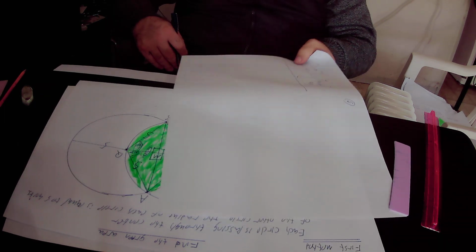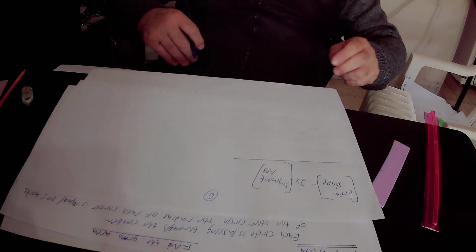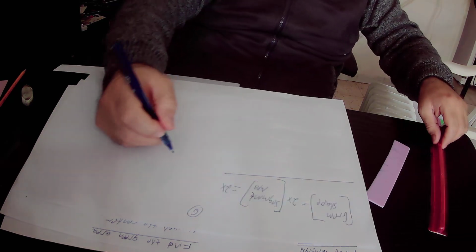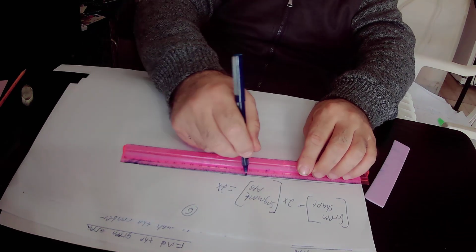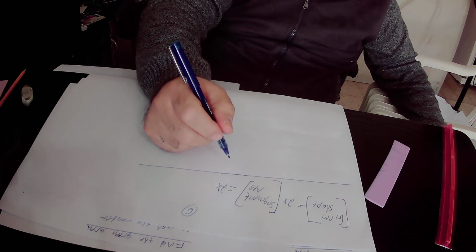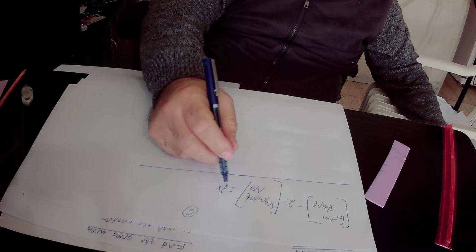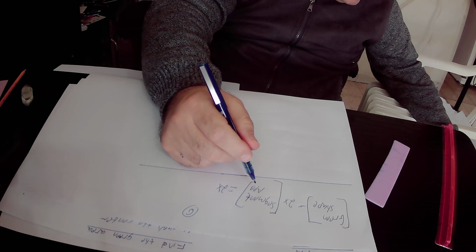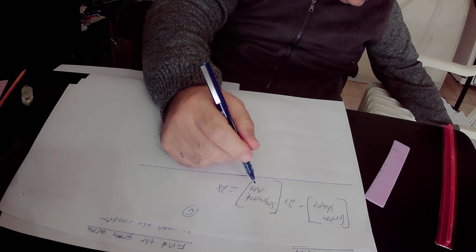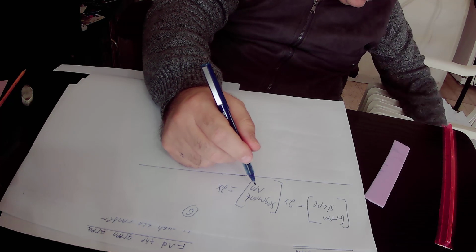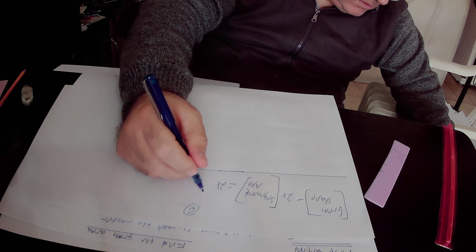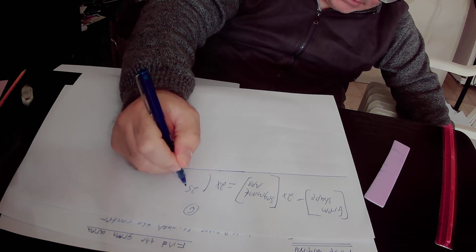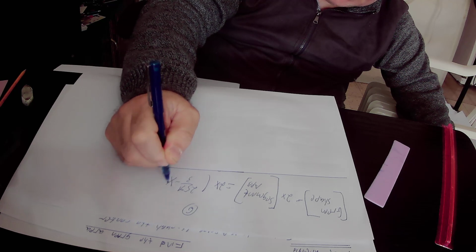And we have already found out that the area of segment APB is equal to 25 pi over 3 minus x.